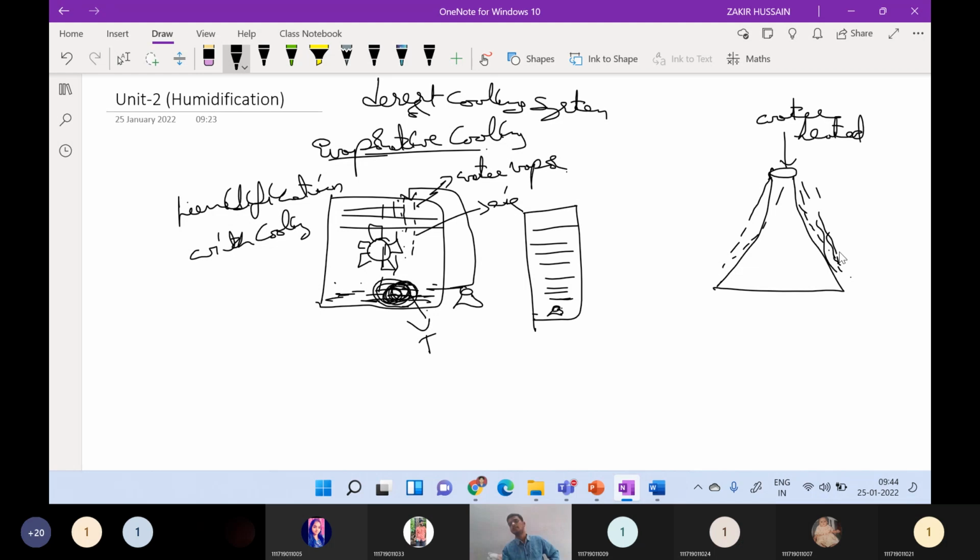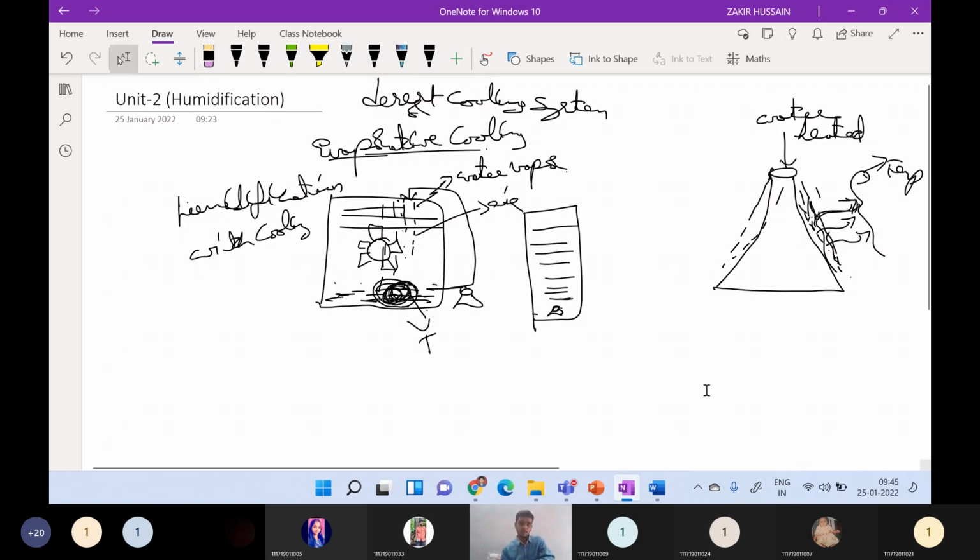Whenever the water is flowing like this, the surrounding air will be heated up. The water will go into the surrounding air, and because of this, the surrounding air temperature will be heated up. So this is the example for heating with humidification. So whether the surrounding air has to be heated or cooled down, this is about how humidification will happen.